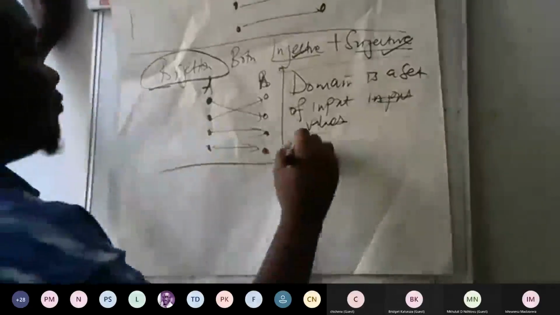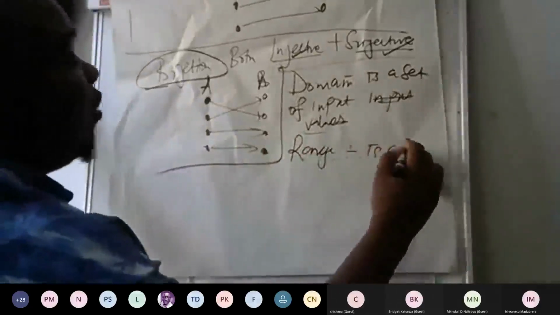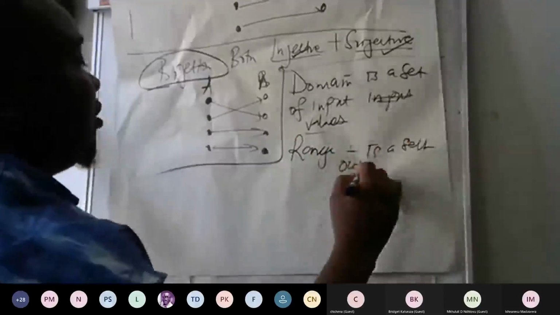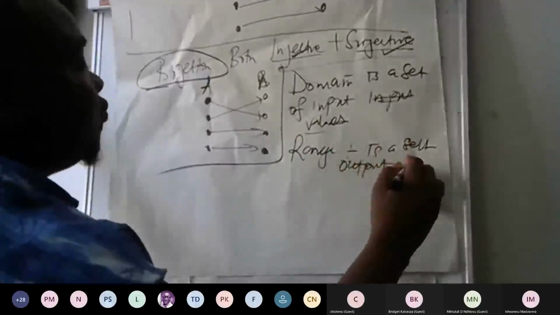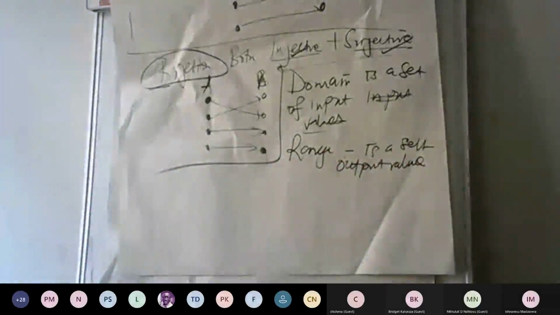Your range is a set of output values. Right? Or you can look even at the codomain, possible output values, right? But your domain and your range are the things that you can really worry about.